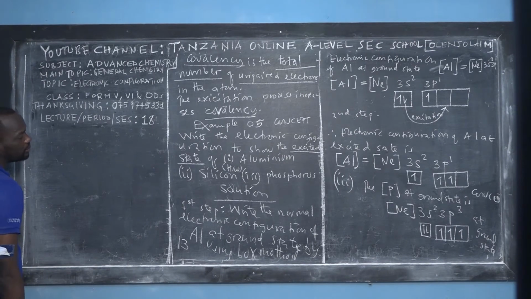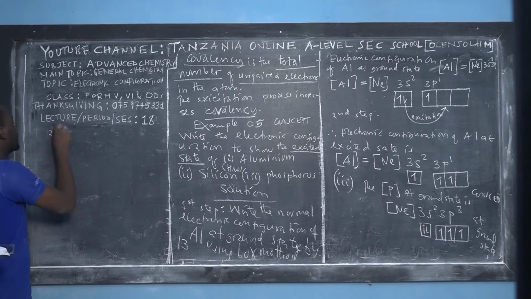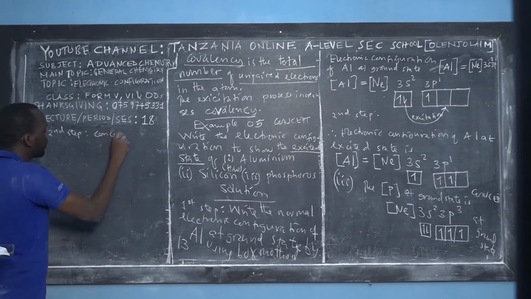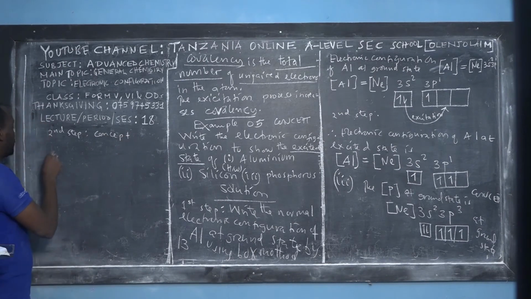So it means that in phosphorus, this is the second state, and this is the point where we have the concept. Say phosphorus contains what?